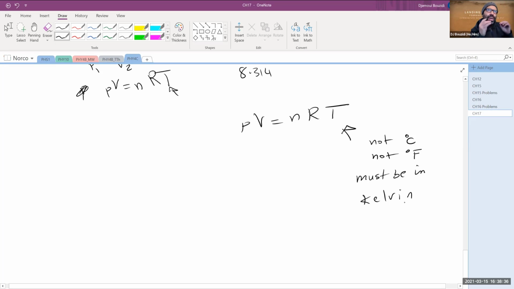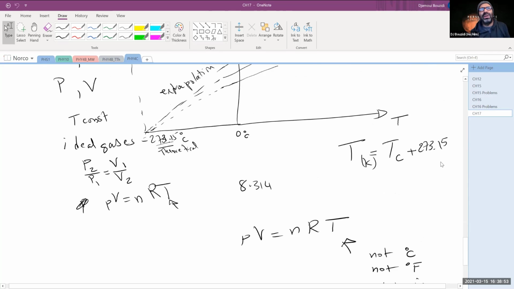So whenever you're doing your calculations for the homework or the exams or questions, if they give you T in Fahrenheit or degrees Celsius, that's not the value you're going to be plugging in. You're going to plug in the value shifted by this amount, 273.15 to be more precise. Most of the time you will see me using 273, okay? So this is the temperature in Kelvin and not in any other unit.